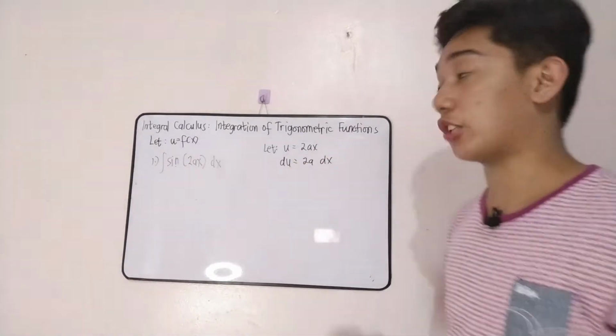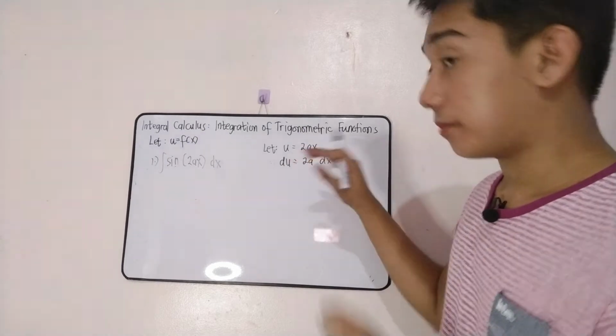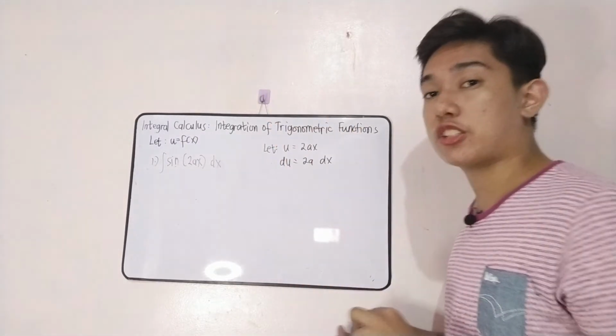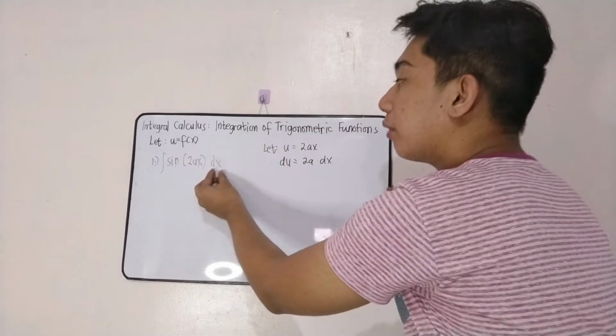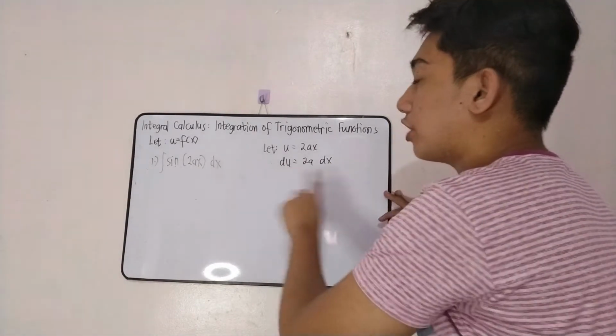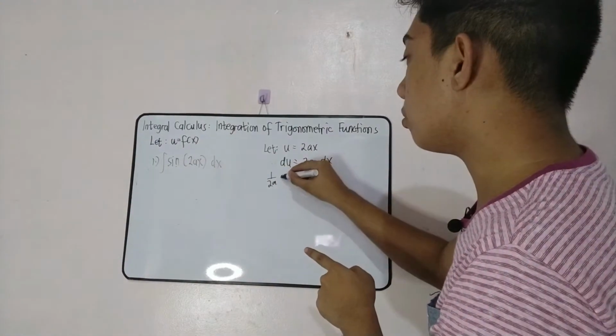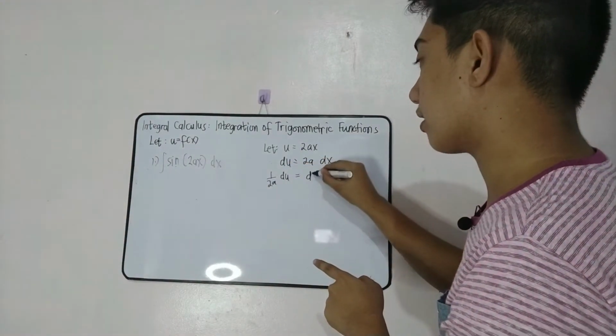Just get the differential. As you can see here, we do not have 2a dx by itself, so we divide both sides by 2a. So, 1 over 2a du is equal to dx.